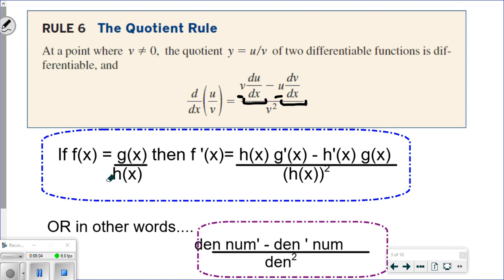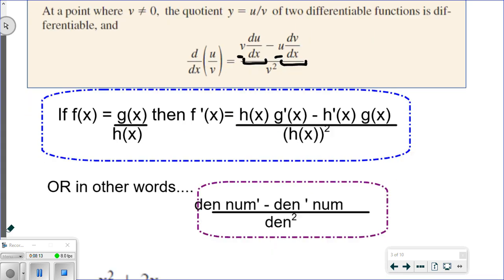And this one shows the exact same thing. It's just written in division notation. So you look, the one in the blue box is the exact same rule.